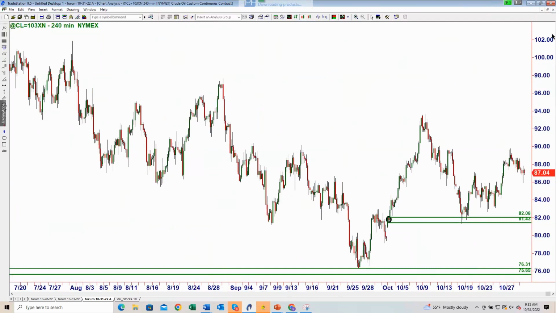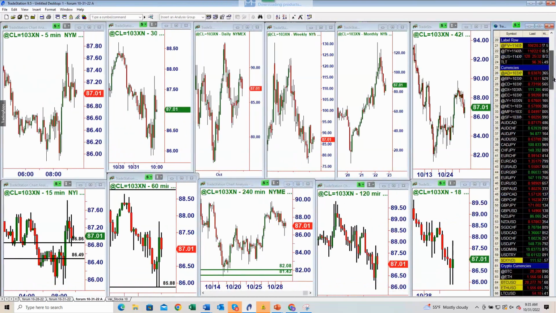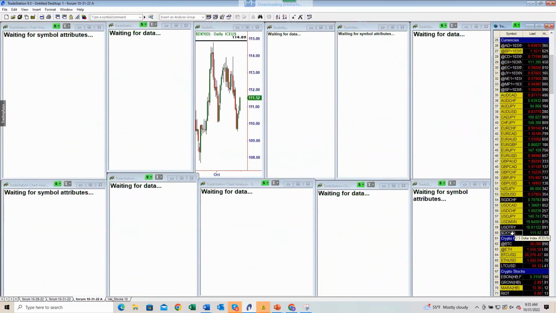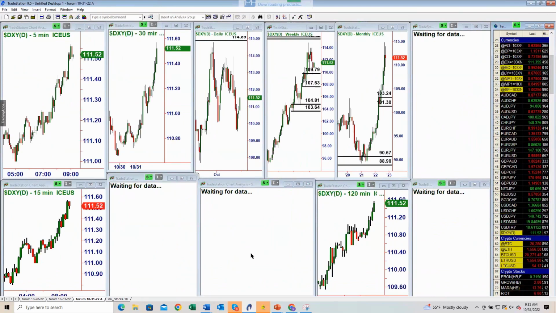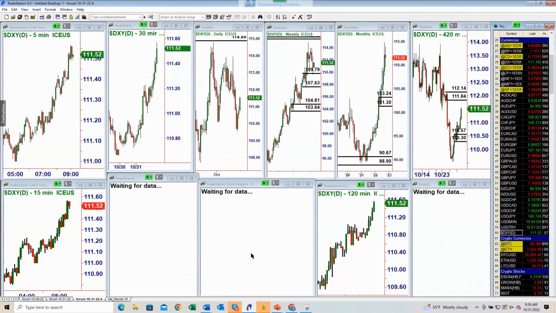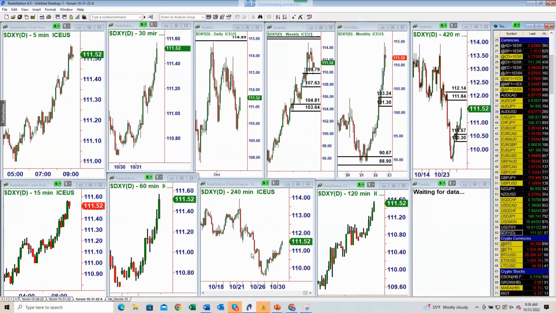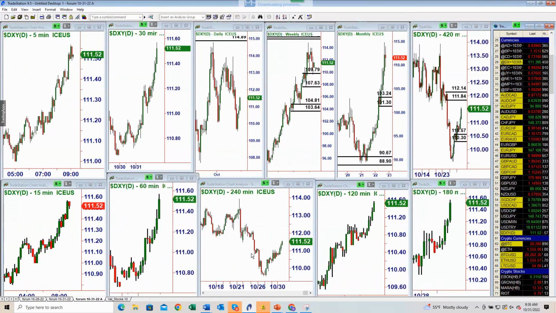Let's go over to the dollar. The dollar is just so key to so many markets. So let's go take a look at that. We use the dollar as an inverse market, obviously to a number of Forex markets, but it's also an inverse market to equity index markets, right?